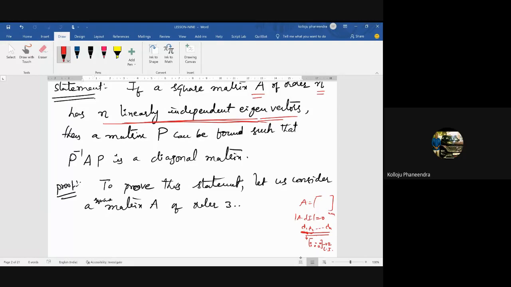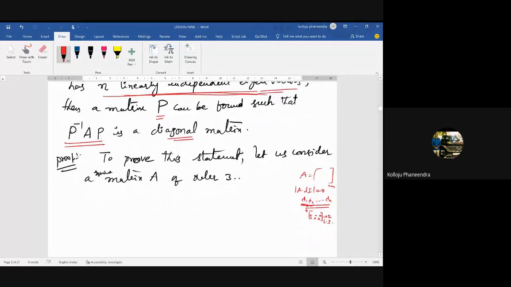Therefore, we get only one independent eigenvector, and the other is dependent on it. Such a matrix cannot be diagonalizable. When eigenvectors are dependent on each other, we cannot diagonalize. This is a very important point. When eigenvectors are linearly independent, yes, it is diagonalizable by using P inverse AP.